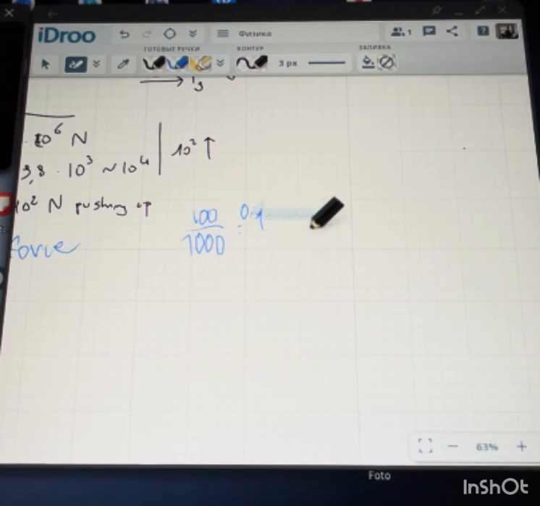Measurement units? Meters per second squared.